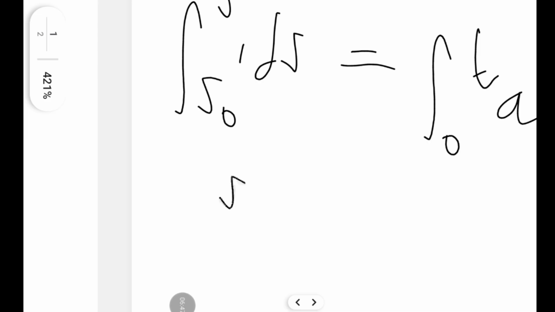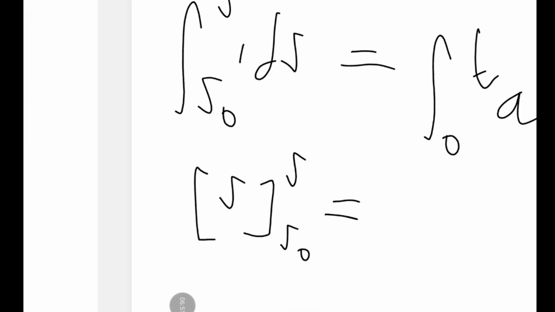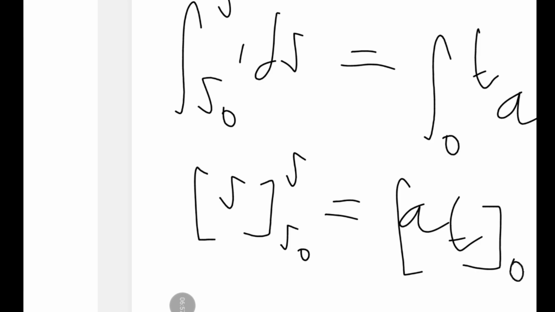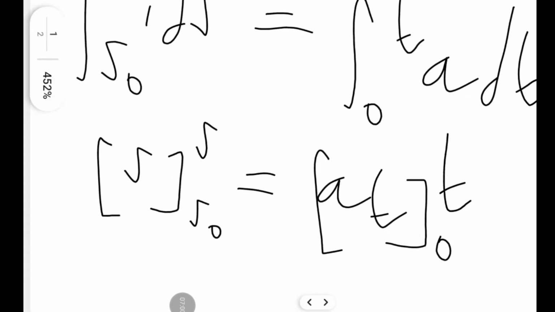And then what we're going to do is that's going to again be v, between v0 and v, equal to at, between 0 and t. I apologize that it's not the clearest.